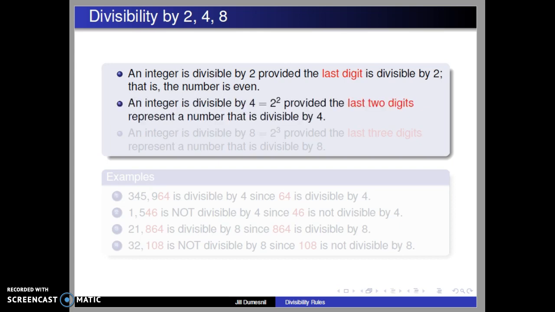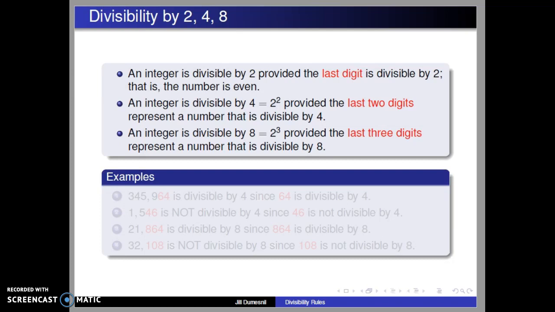An integer is divisible by 4 provided the last 2 digits represent a number divisible by 4. An integer is divisible by 8 provided the last 3 digits represent a number that is divisible by 8. Notice how the numbers 2, 4, and 8 are all powers of 2, and the number of digits involved in the rule is the same as the power of 2.